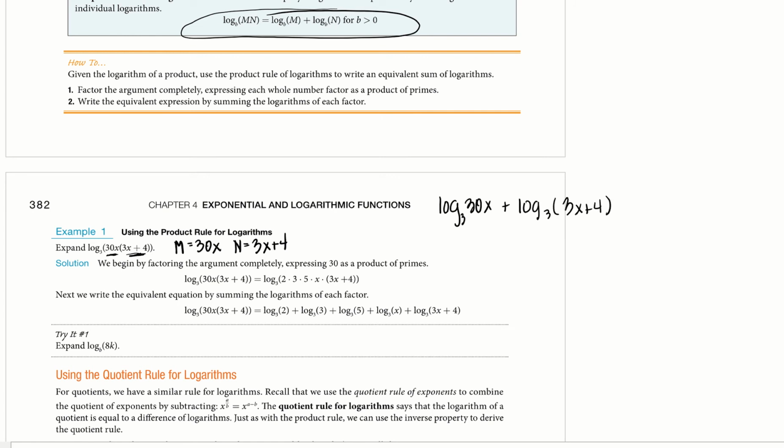Now we can't factor anything else out of 3x plus 4, but we can turn 30 into 5 times 6, so if we keep going we can do log base 3 of 5, plus log base 3 of 6x, and we'll put the x with that 6, plus log base 3 of 3x plus 4.